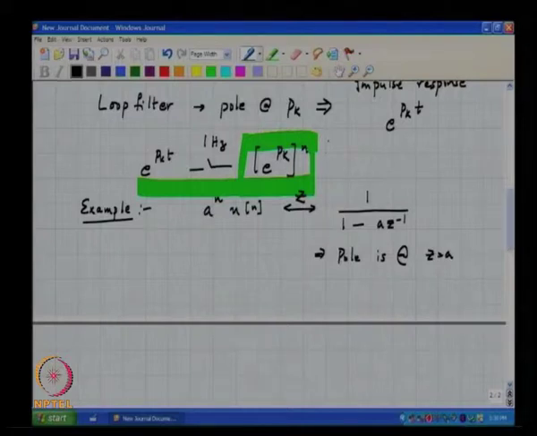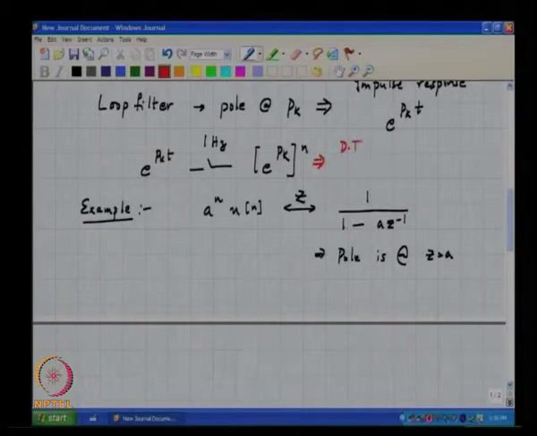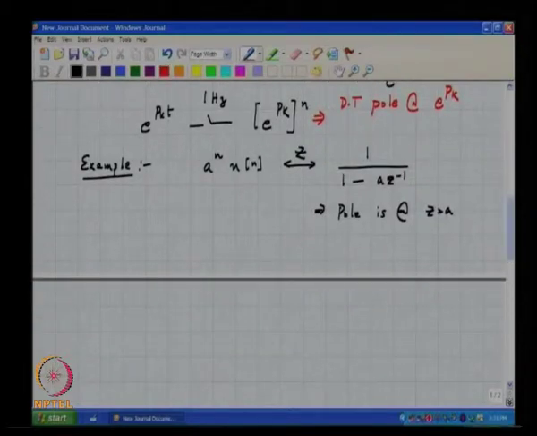So a discrete time system with a pole at e to the power pk, all right. So if the pole is at 0 in the continuous time system, what does it correspond to in discrete time?